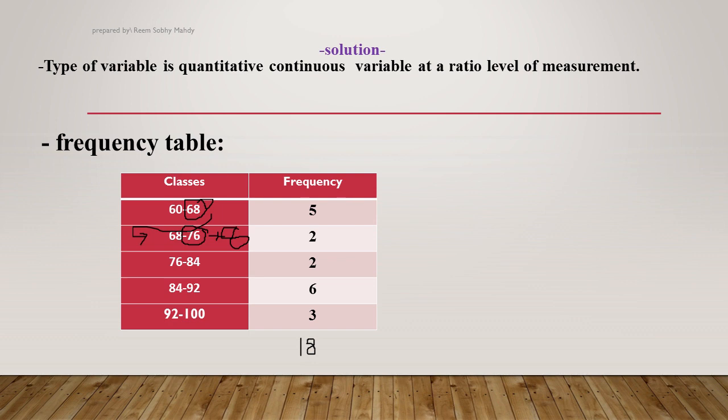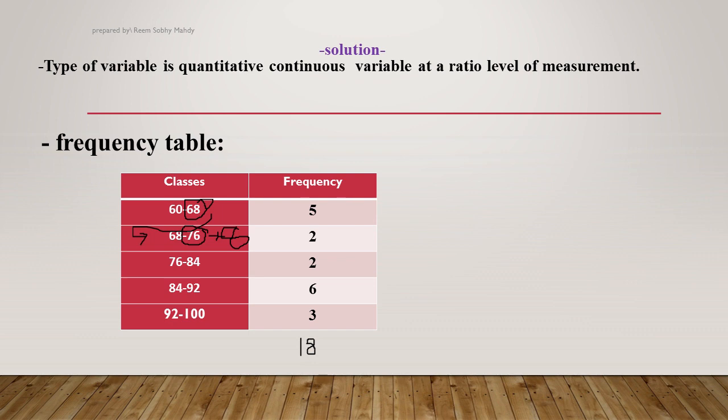So the next class would be from 76 to 84, and so on. Add 8 to 84 gives 92, and the fourth class would be from 84 to 92, and the last class will be from 92 to 100.